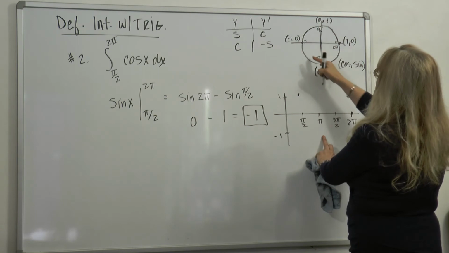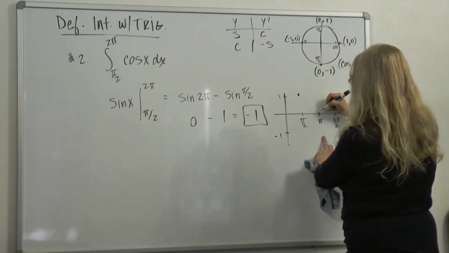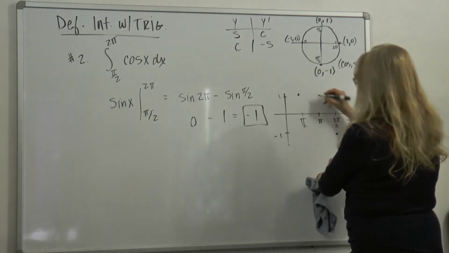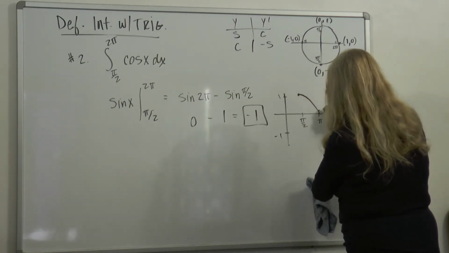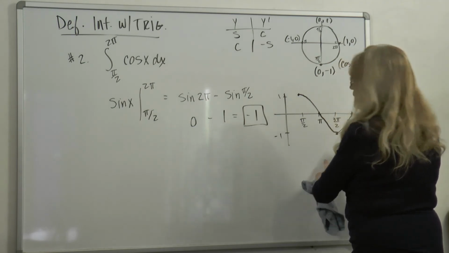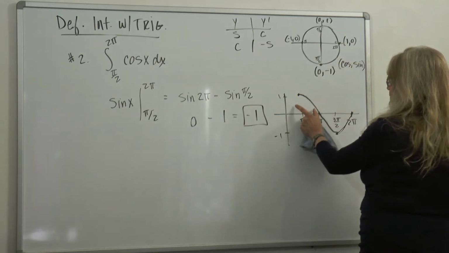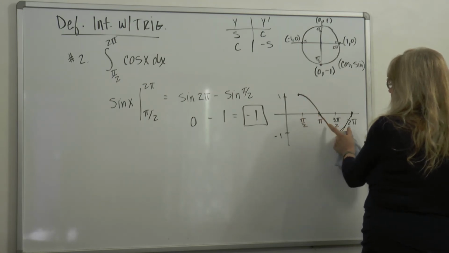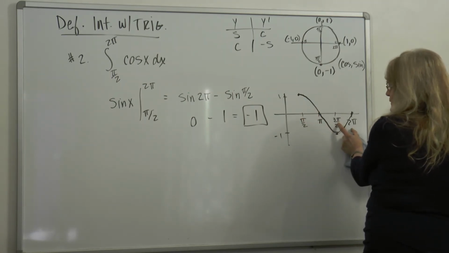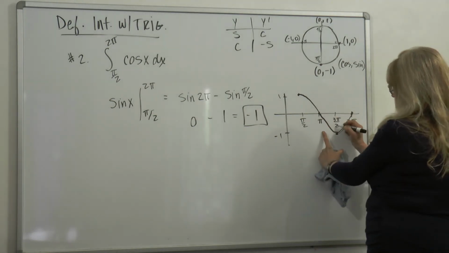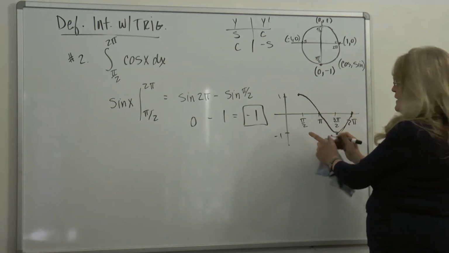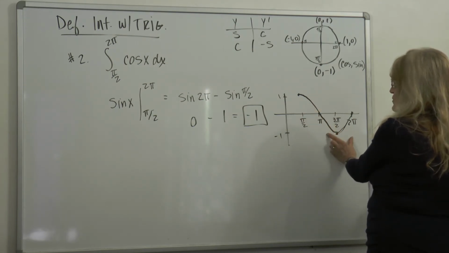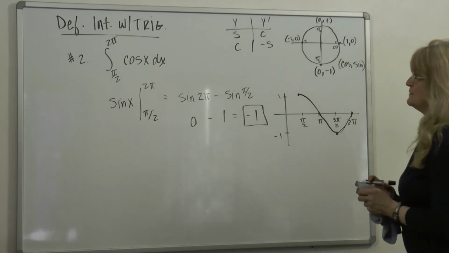The sine of pi is 0. And the sine of 3 pi over 2 is negative 1. So we go like this, and then like this. Now we saw from the previous problem that a half of this is worth 1. So here's 1 minus 2. Each of those quarter circle things would be worth 1, and since this is below, it's negative 1. So we have 1 minus 2, that gives us negative 1.